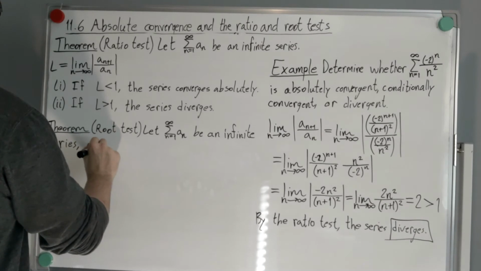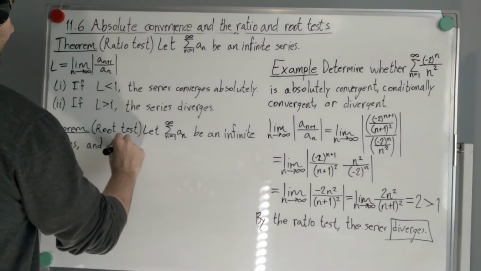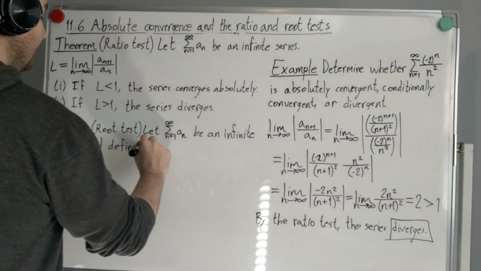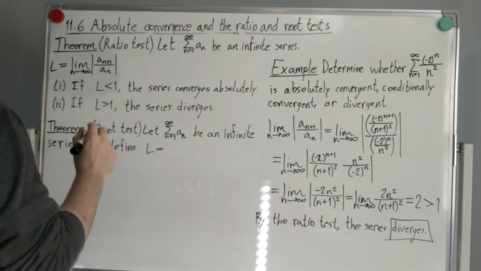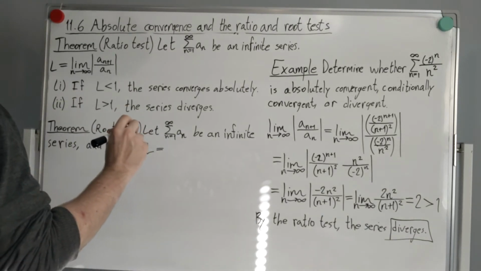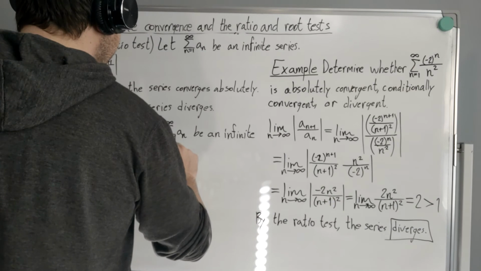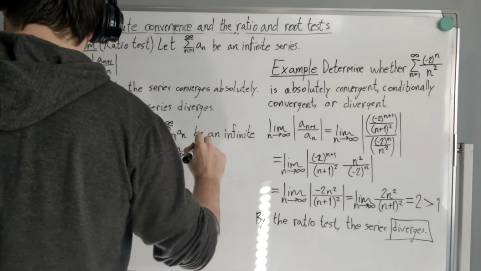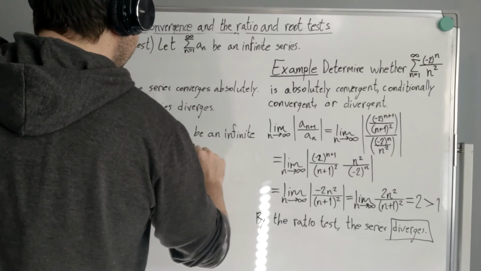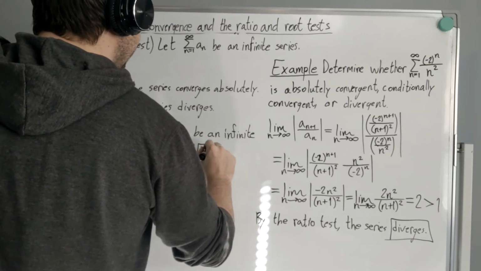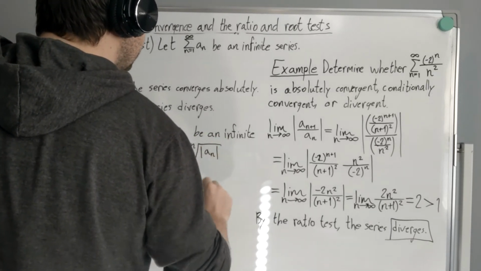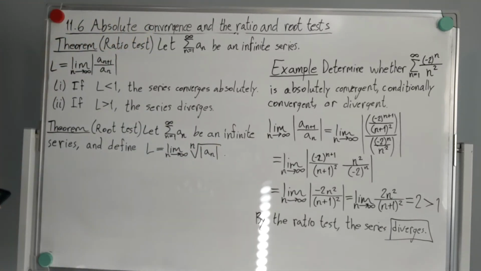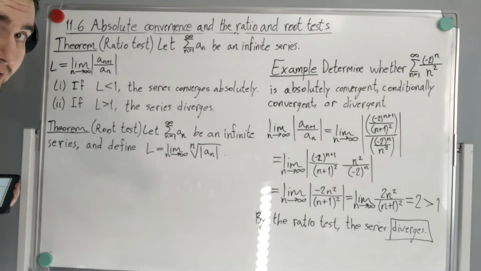And let's define L. In this case, I'm going to let L be different. In this case, L, I want to be the limit as n approaches infinity of the nth root of the absolute value of a_n. And then the conclusion is exactly the same.